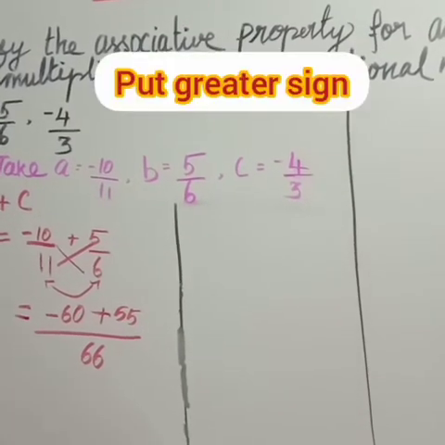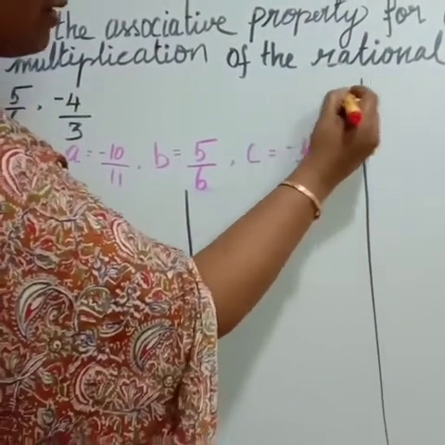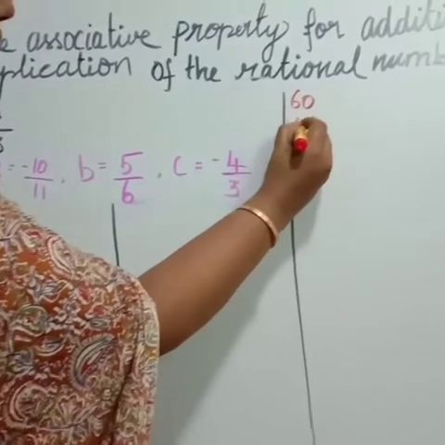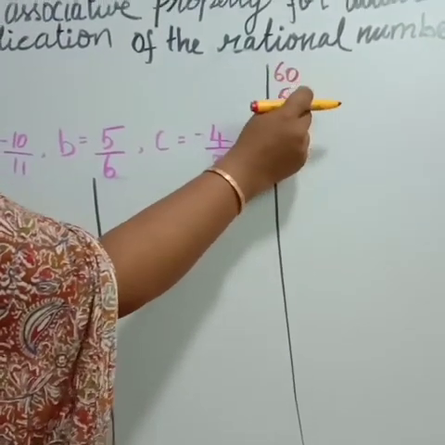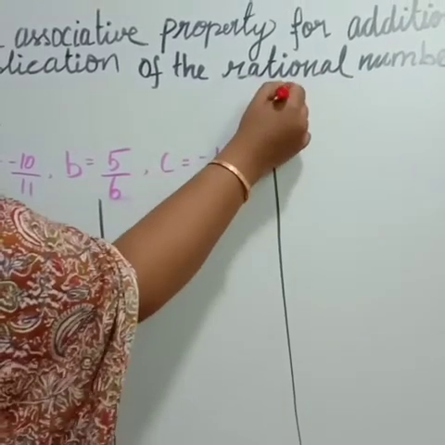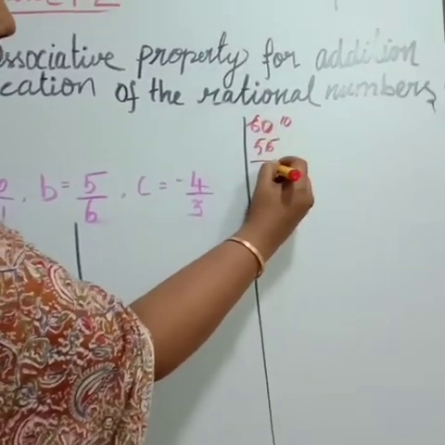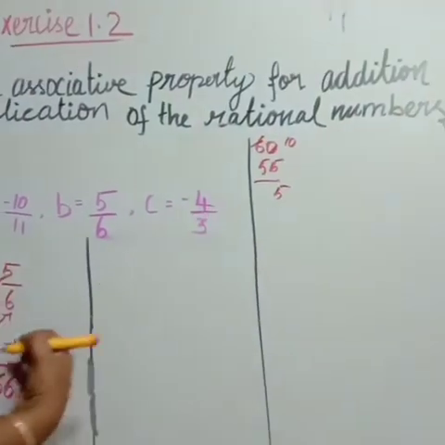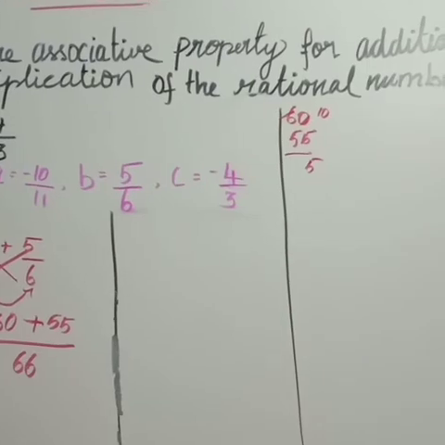So here we find 60 minus 55. Here 0, 5 cannot be subtracted from 0, so we have to borrow from 6. So here 10. 10 minus 5, 5. Here 5 minus 5, 0. So 60 minus 55, what is the answer? 5.